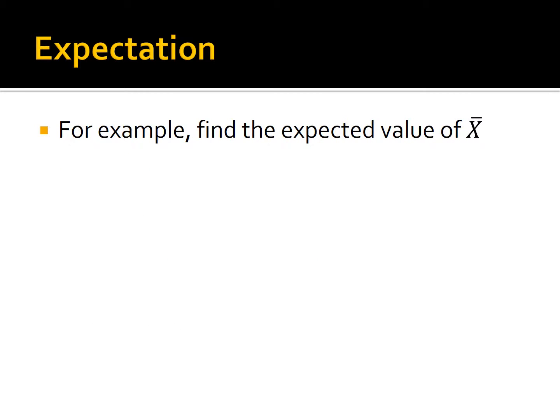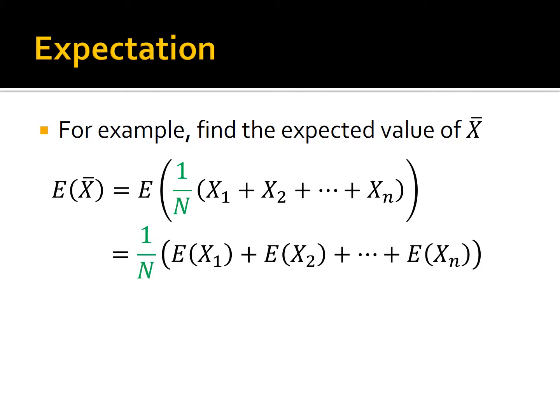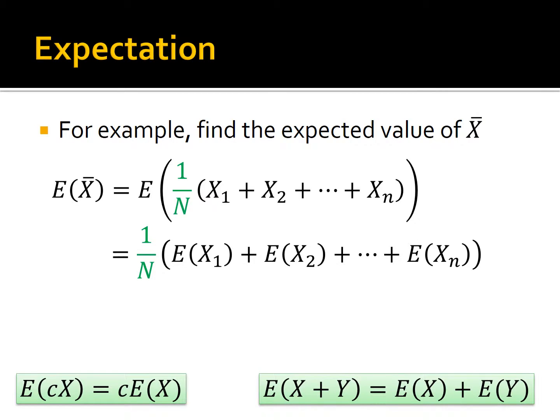So, for example, I will use those equations to derive the expected value of x bar. Think about that. The expected value of x bar equals the expected value of the formula of x bar, 1 divided by n times the sum of the x. So we can isolate 1 over n out of the expected value, by this knowledge, and then we can distribute the expected value to individual random variables like this.